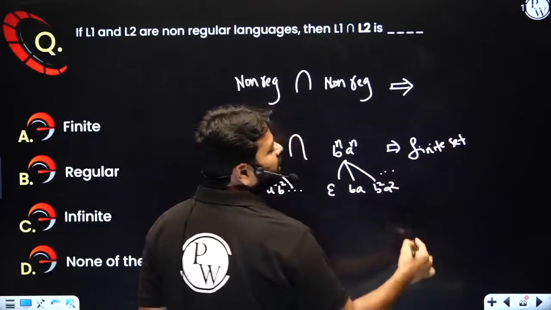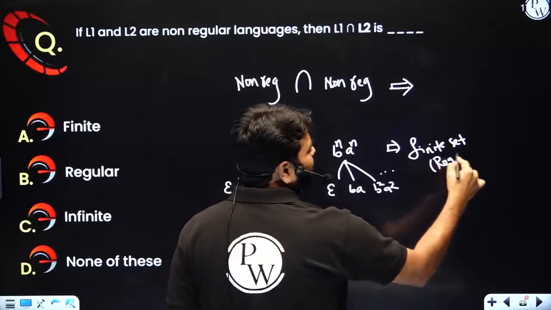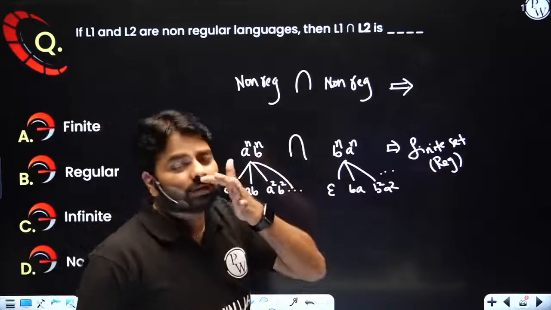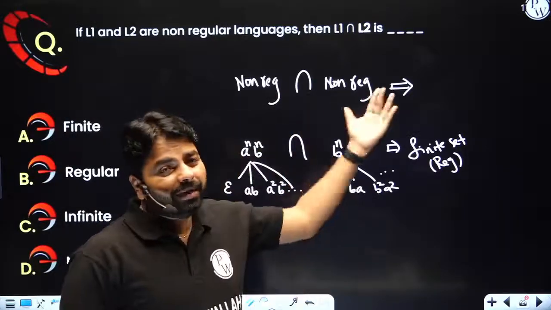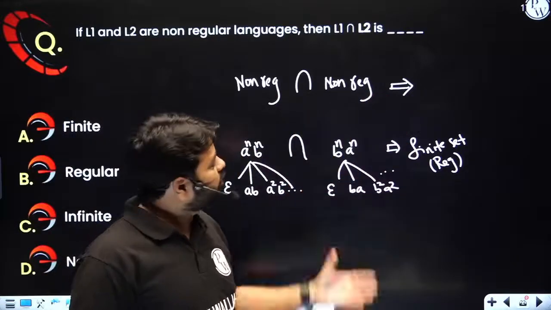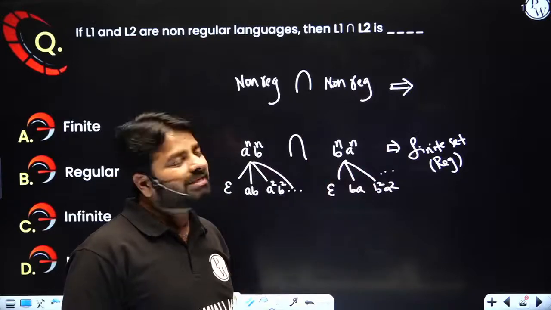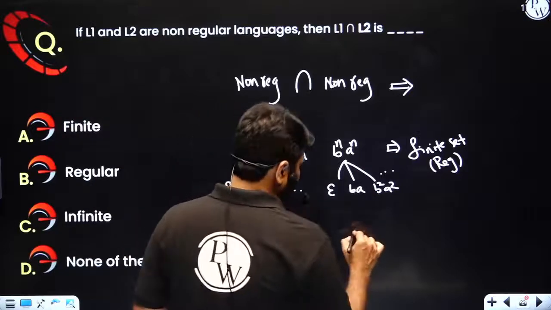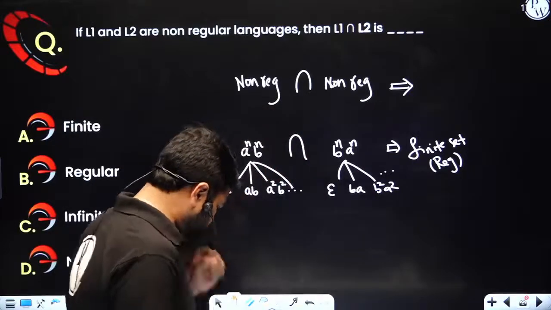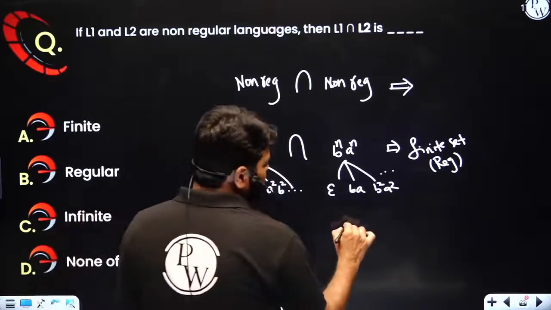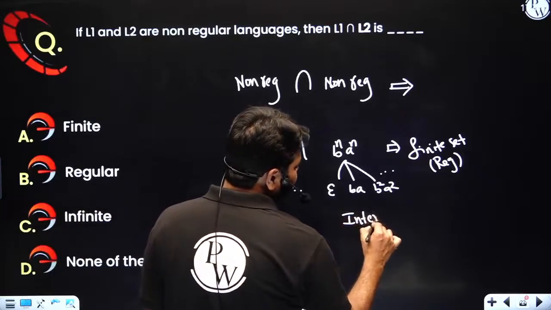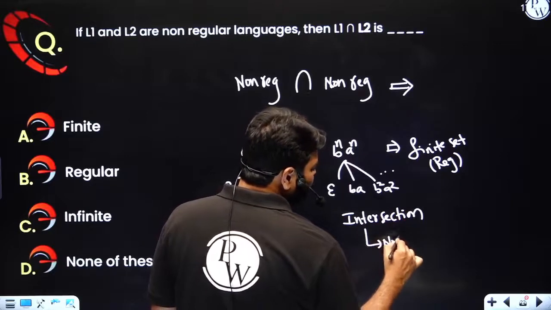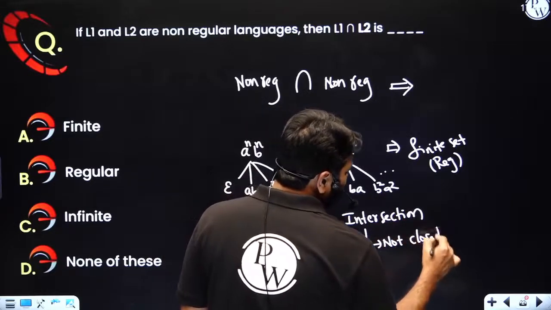Finite set, is it regular or not? Obviously it is regular. Okay, this example is enough. Why we don't say always non-regular, right? It may be regular also. Due to this, we can say the intersection operation is not closed for non-regular languages.